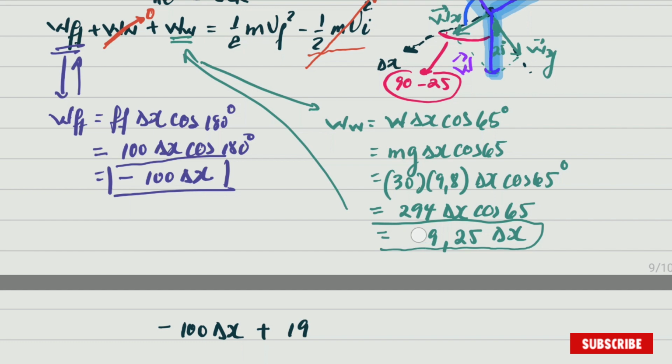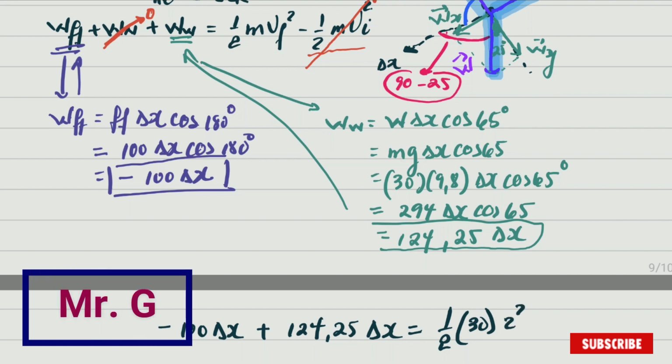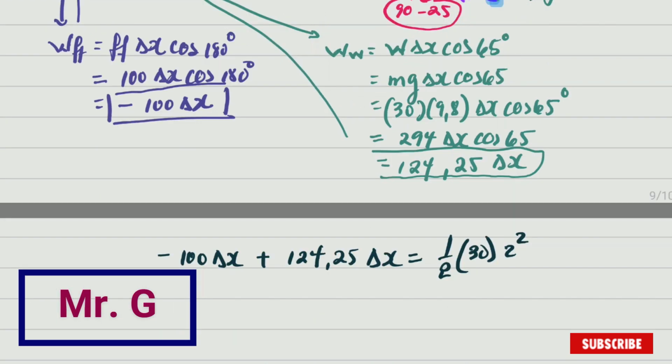I think I said it, I just wrote it wrong. 124. 24,25 delta x equal to half multiplied by 30 multiplied by 2 to the power 2. Let's substitute 2 squared. Okay guys, and here we are.